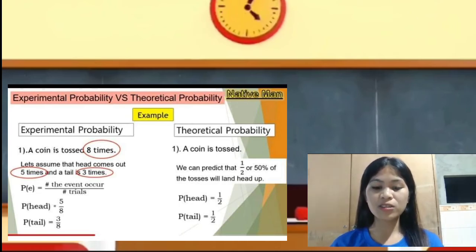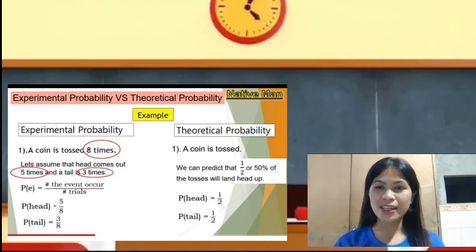And also, the probability of the tail: the tail comes out 3 times out of 8 trials. So, 3 over 8 is the probability of the tail.